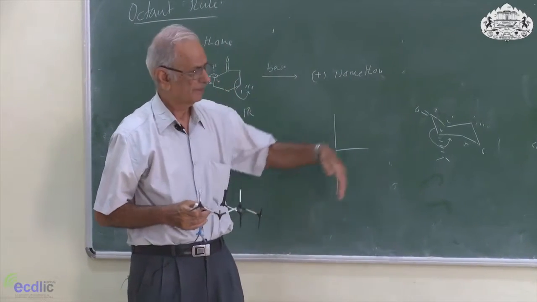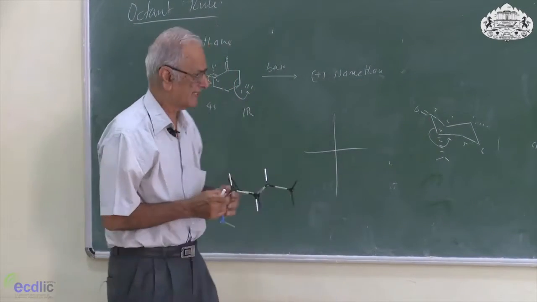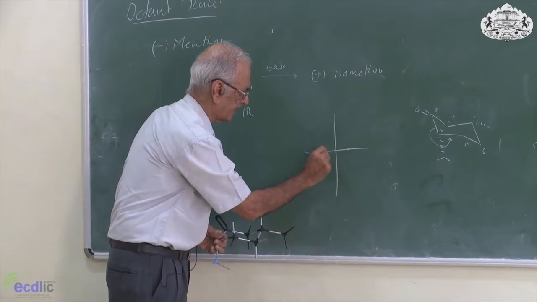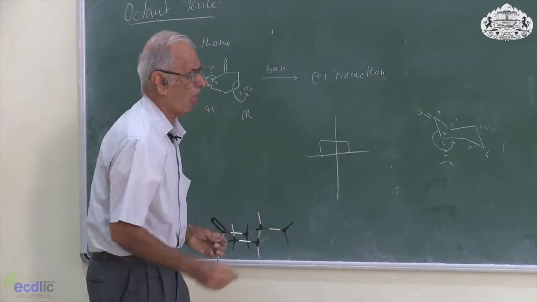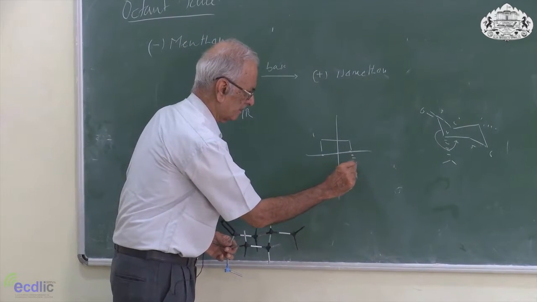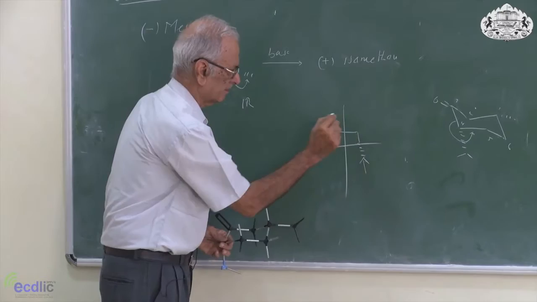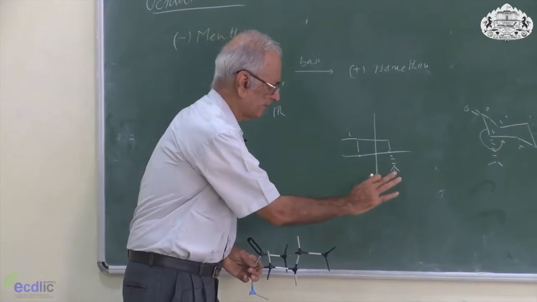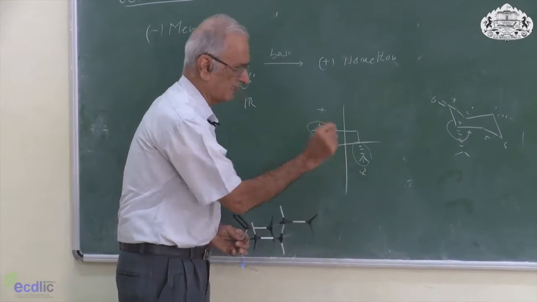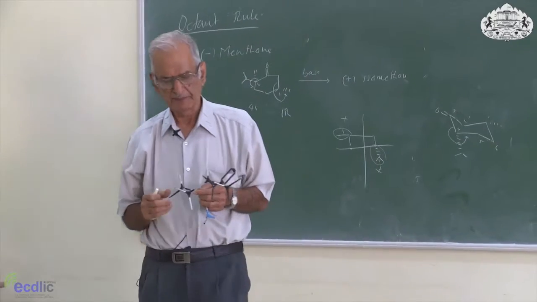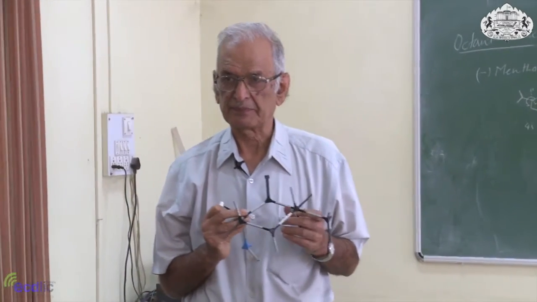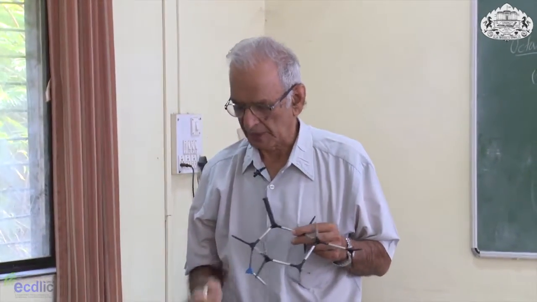Carbon number 2 is going to be on the left hand side. Carbon number 4 is going to be on the right hand side. That's your carbon number 1. Now what do we see? This will contribute positive, this will also contribute positive. Therefore, we should have a strong positive Cotton effect.